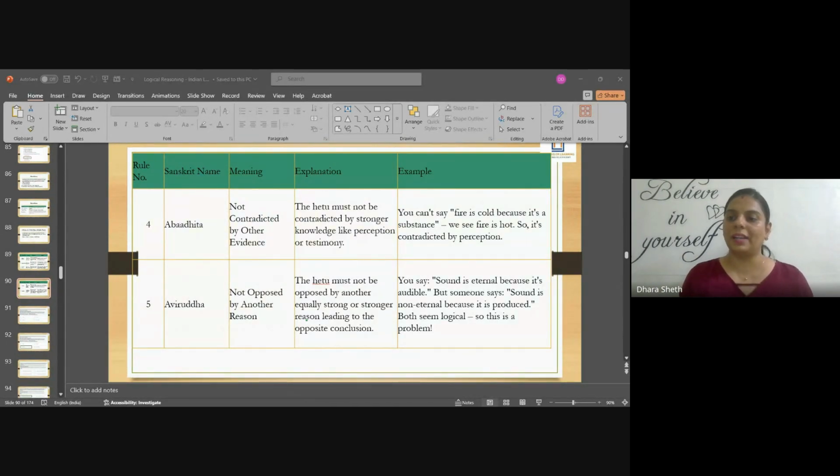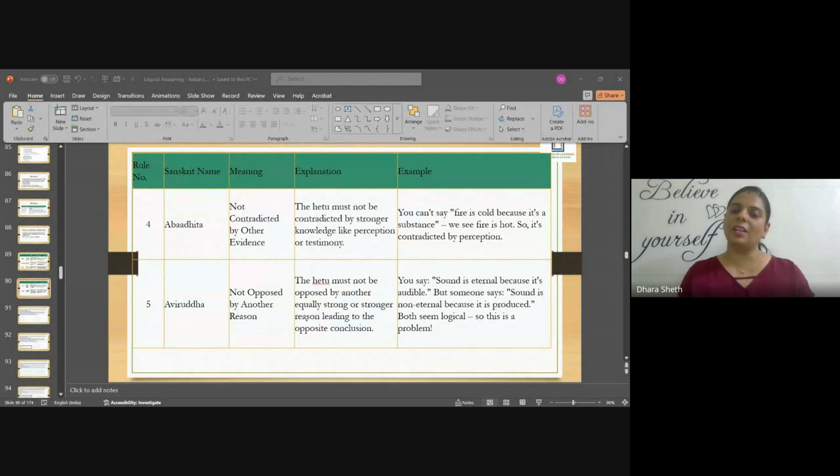Smartphones are good or bad? Now it becomes confusing. It should not be like that. It should not be confusing. There should not be another reason which opposes the first reason. It is true that I can do a Google search about my health, but it is also true that there are waves which are harmful coming from the phone. The hetu or the middle term must not be opposed by another equally strong reason, leading to an opposite conclusion.